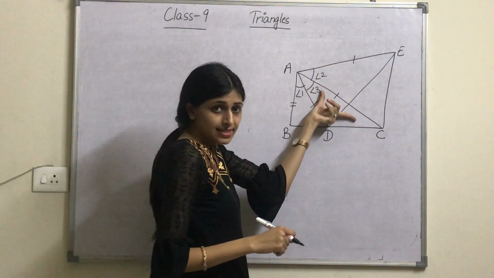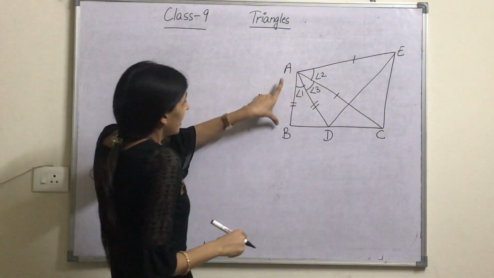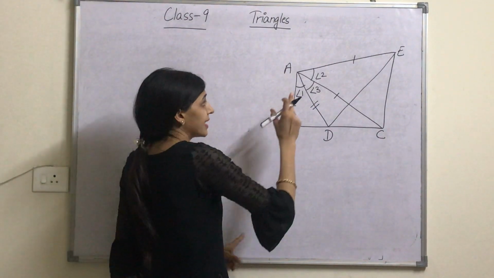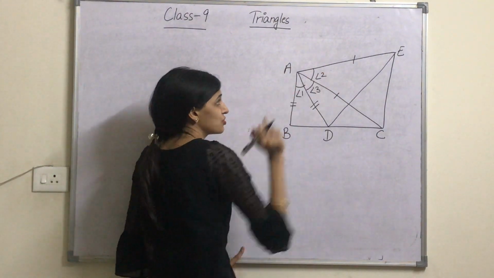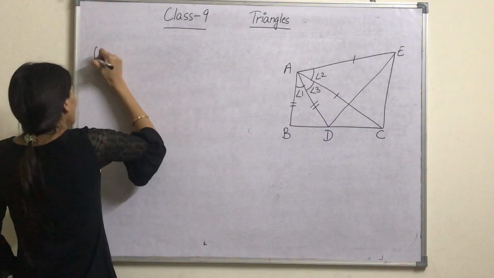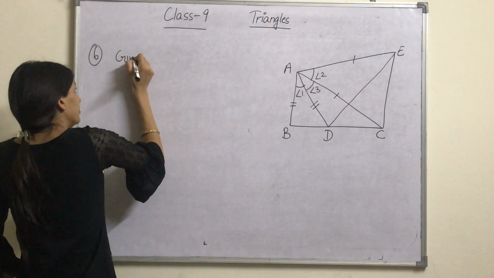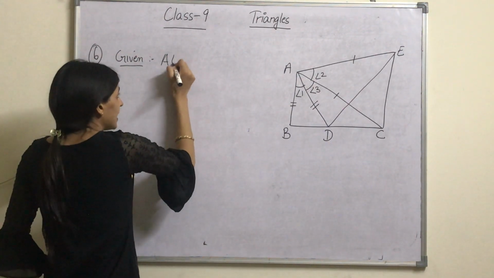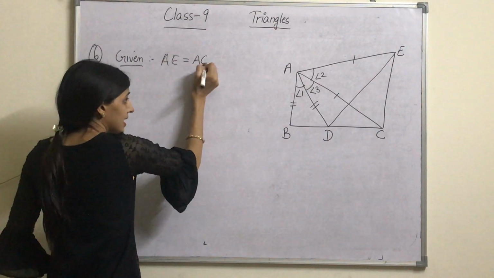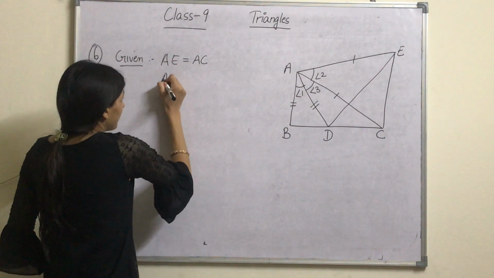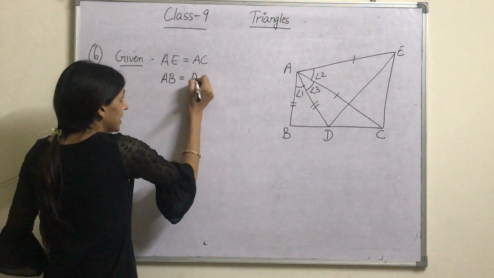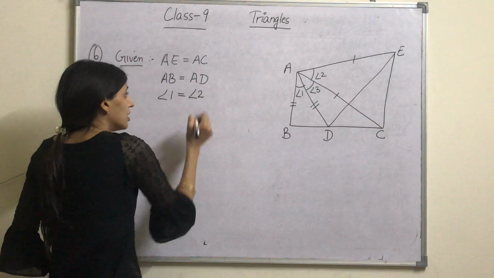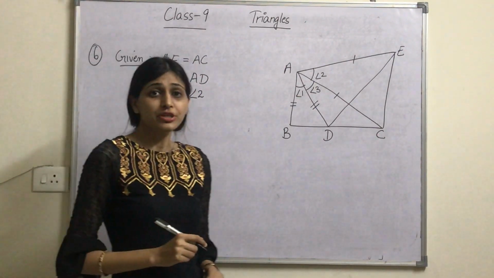AE equals to AC and AB equals to AD. This is given to you. And one thing given to you is angle 1 equals to angle 2. So, whatever is given to you, you have to write on the top. Write down AE equals to AC. This is given. AB equals to AD. This is also given. And angle 1 equals to angle 2. This is also given to you.